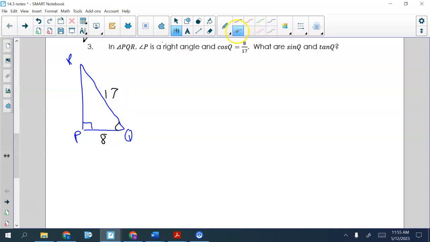So again, this is one where we're missing a side. So we have to use that Pythagorean theorem. a squared, 8 squared plus b squared, we'll let it be x, equals c squared. All right, then we can subtract that 64.